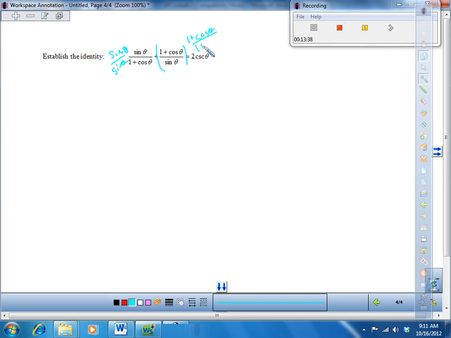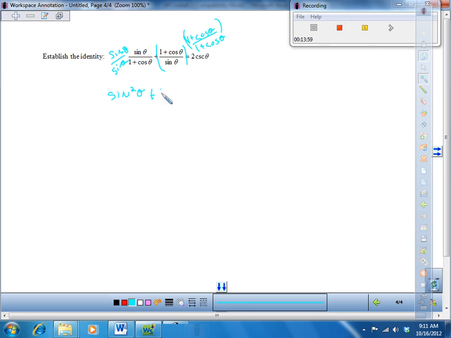And let me show you what that results in. Right? When I multiply this by sine of theta, I get sine squared theta. Sine of theta times sine of theta makes sine squared theta. Plus, then I'm going to FOIL this 1 plus cosine theta with 1 plus cosine theta.